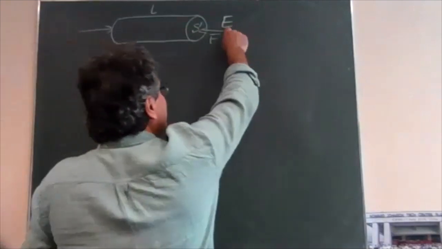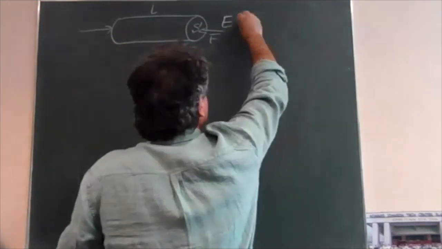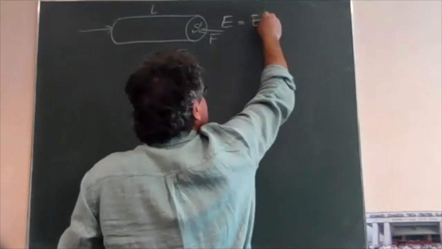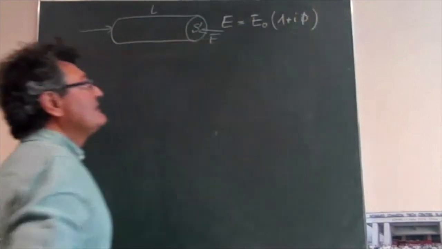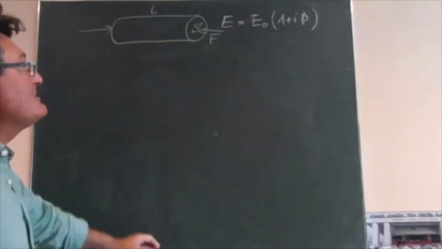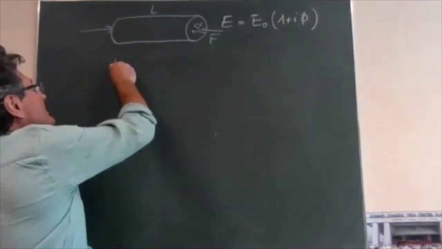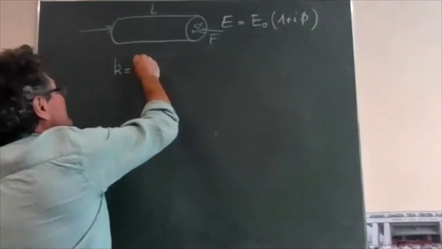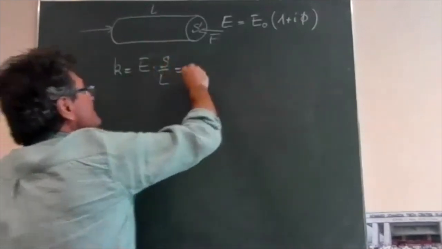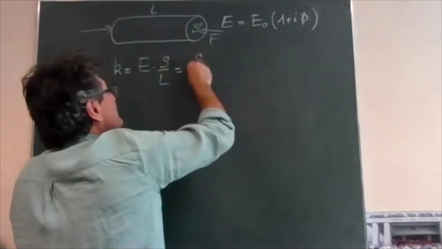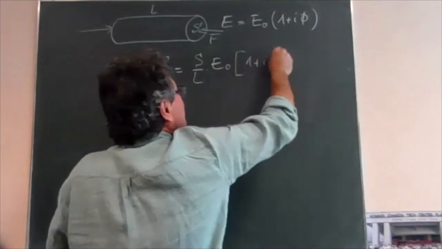So no longer do we have a Young modulus constant like this, but the Young modulus is now E0 times 1 plus i phi, because there is a relaxation inside the material. So therefore, the equivalent spring constant is the Young modulus times S by L. So this is S by L times the Young modulus E0 (1 plus i phi).